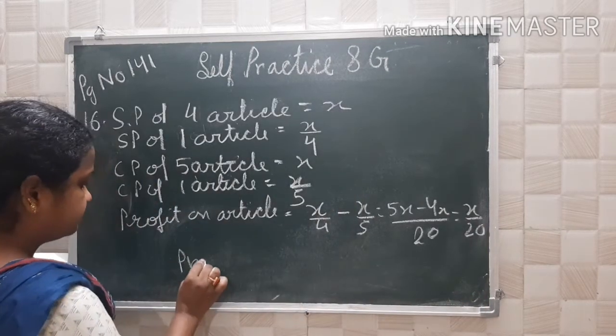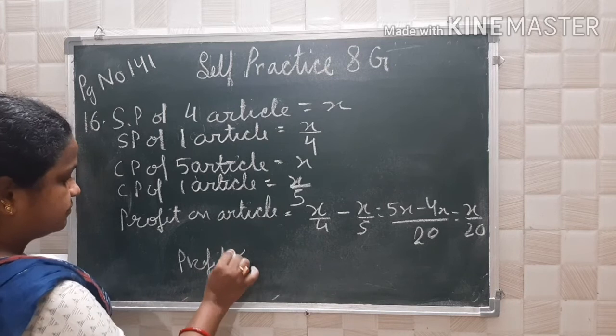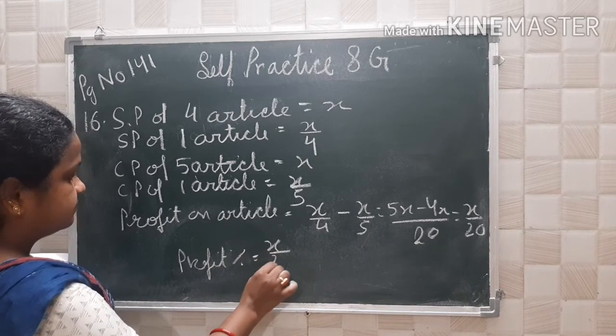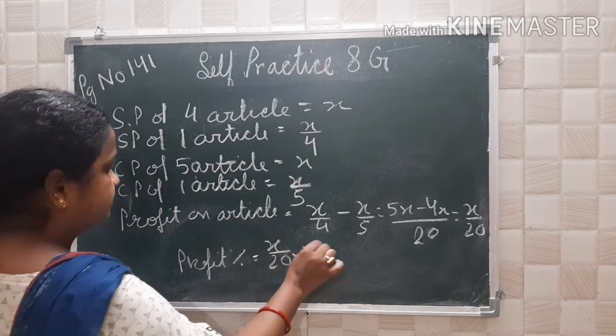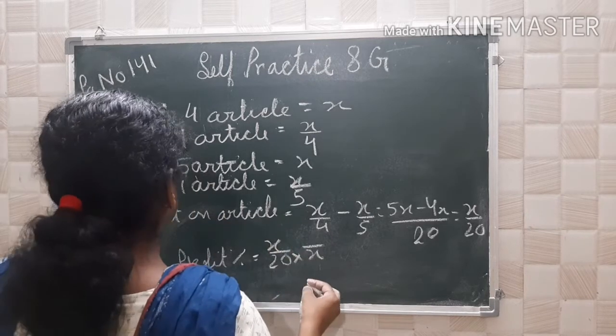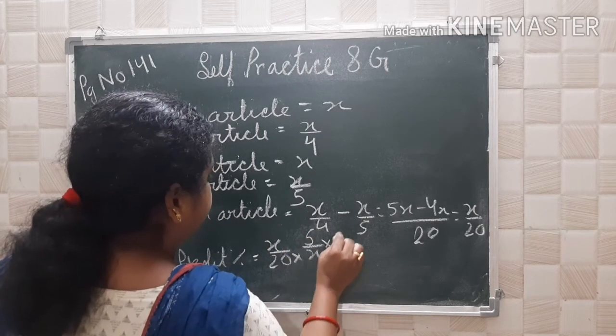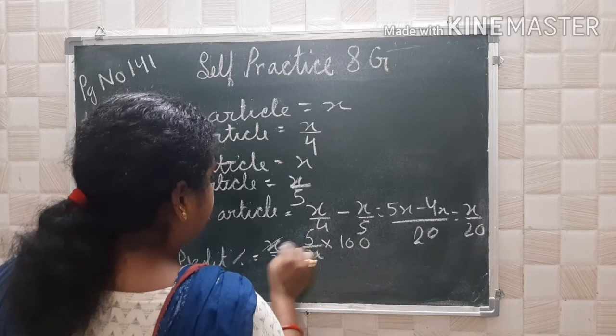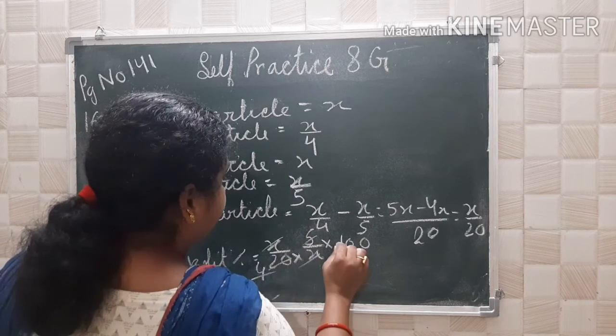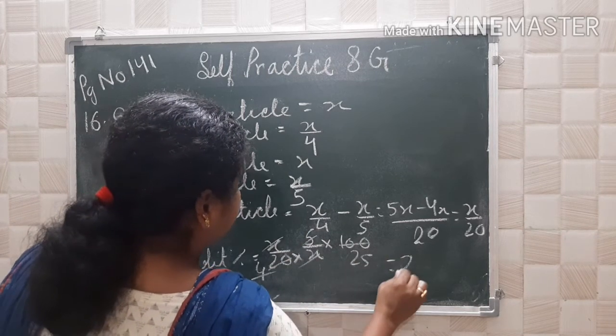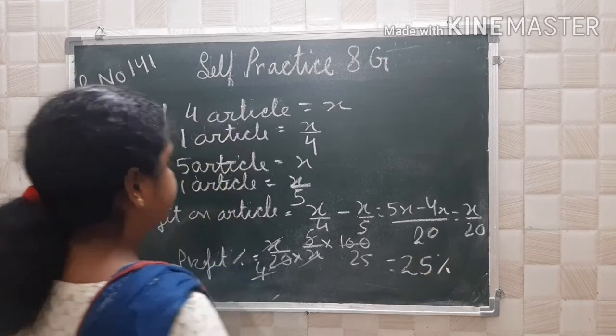Profit percent: x by 20 into 5 by x into 100. Cancel out, 5 4s are 20, 25 means it will be equal to 25%.